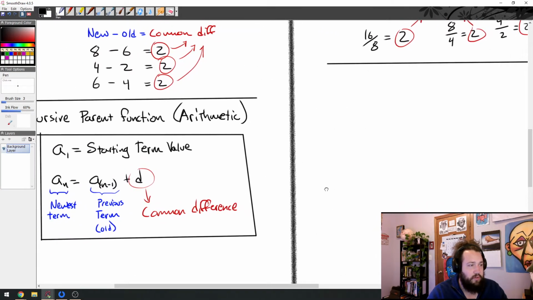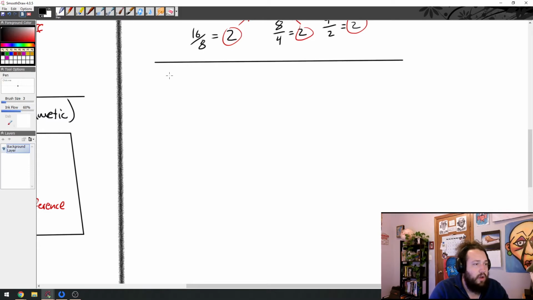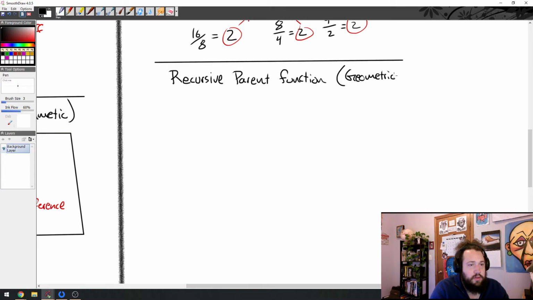So over here, the recursive parent function for geometric sequences is going to have A1 equal my starting term.